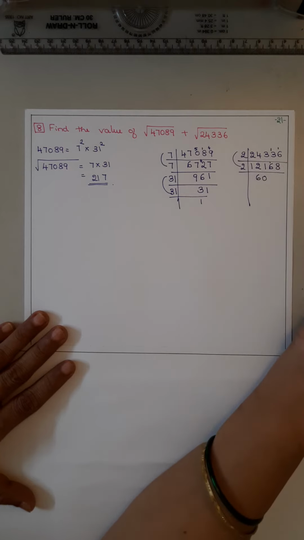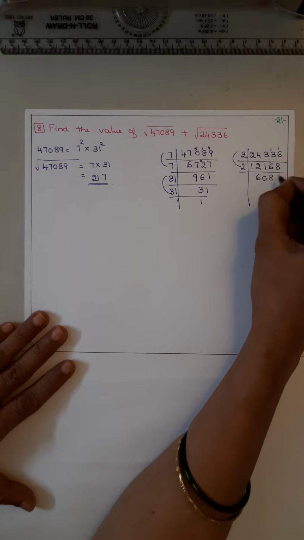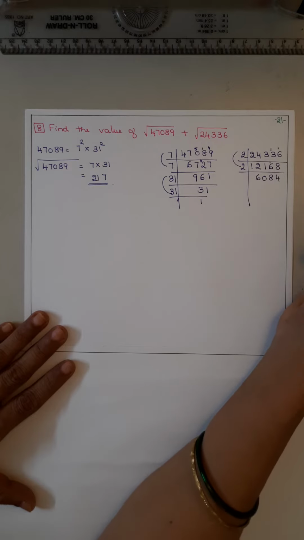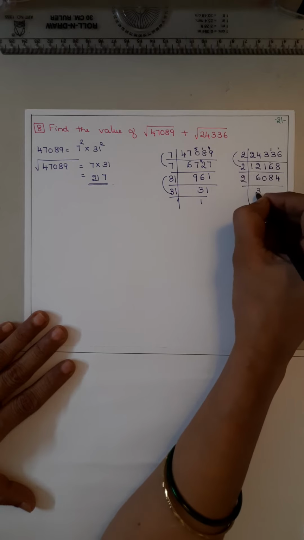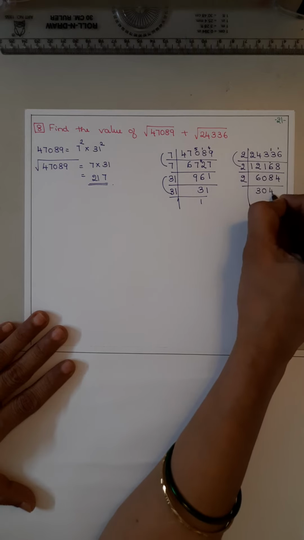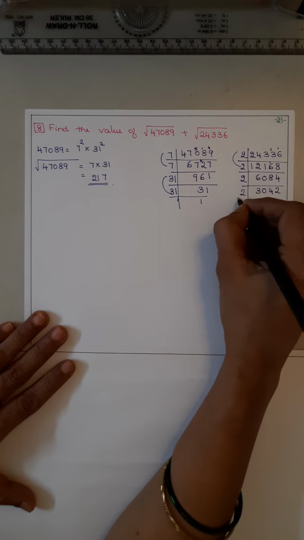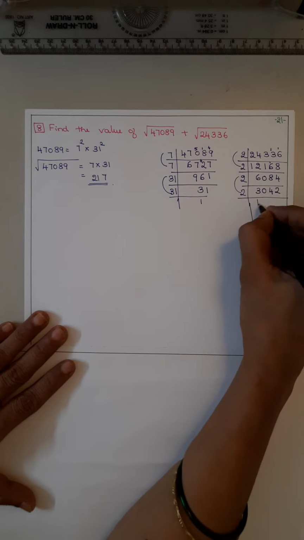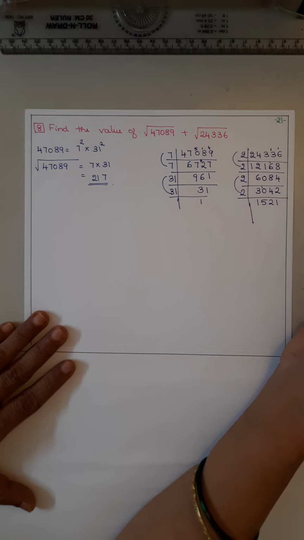Take that 1 to the next. 2 8s are 16, 2 4s are 8. Next again 2, 3s are 6, 0, 4s are 8, 2 2s are 4. Again 2, 2 1s are 2, 1 remains. 5s are 10, 2s are 2, 1 remains. 1s are 2.